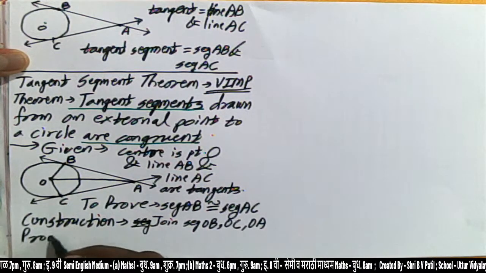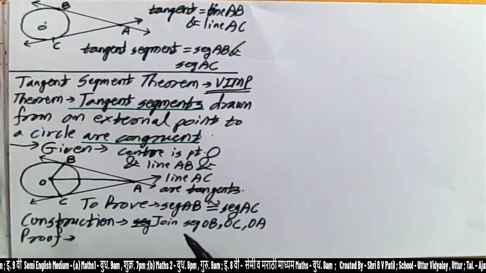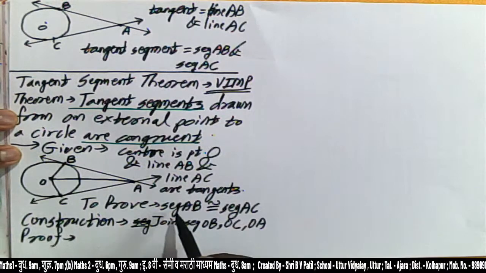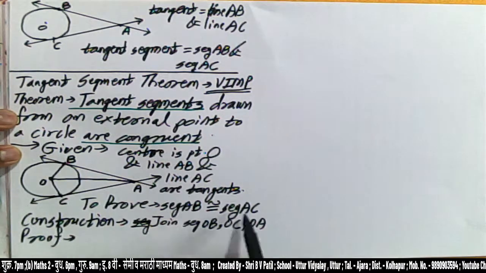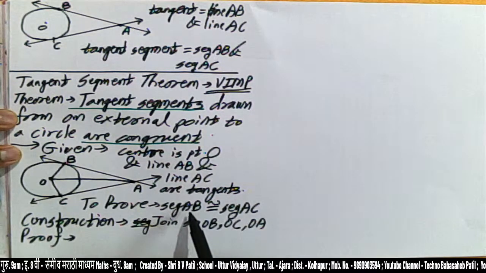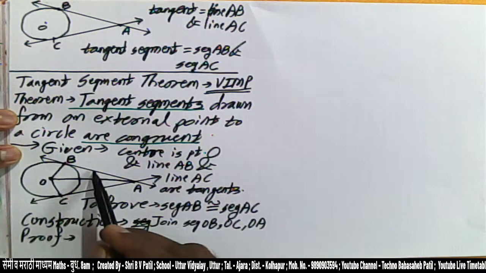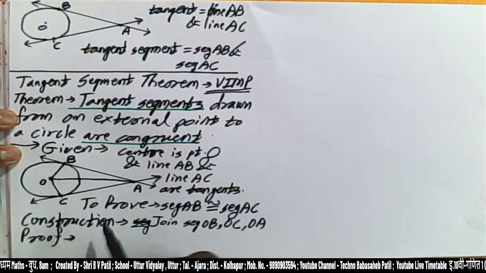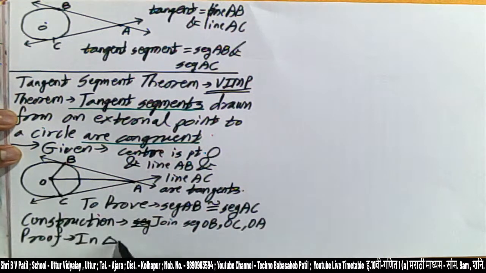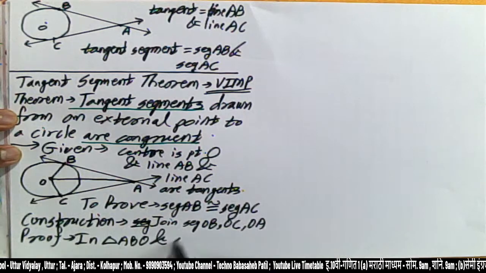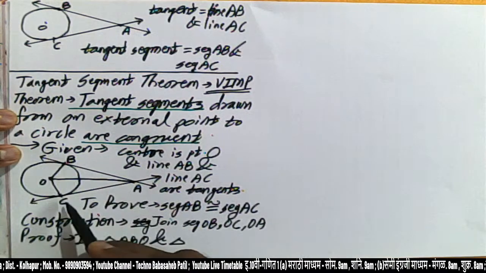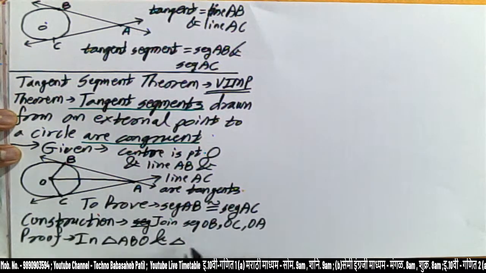The next part is proof. We prove that two sides are congruent, two segments are congruent. The triangle containing segment AB is triangle ABO, and the triangle containing segment AC is triangle ACO.